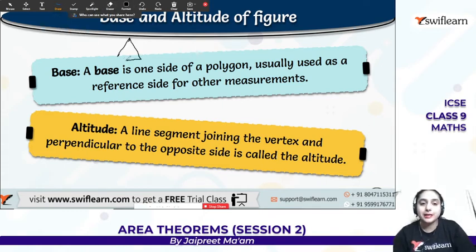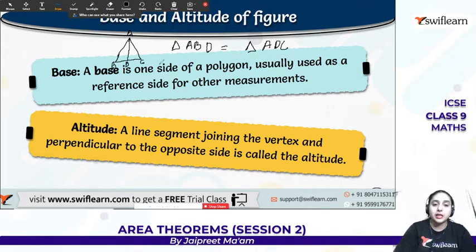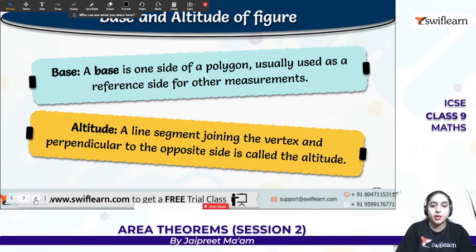For example, if in triangle ABC, AD is a median, that means triangle ABD is equal to triangle ADC. So if AD is a median, then it divides the triangle into two equal triangles. These are some basic concepts; we are just brushing them up.